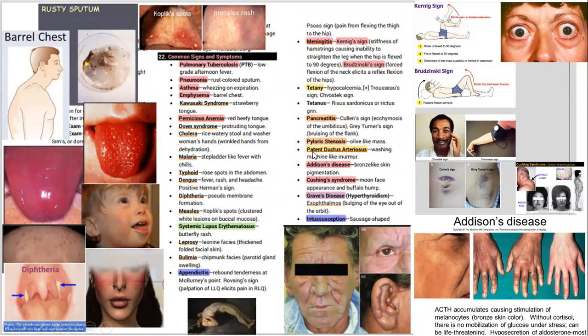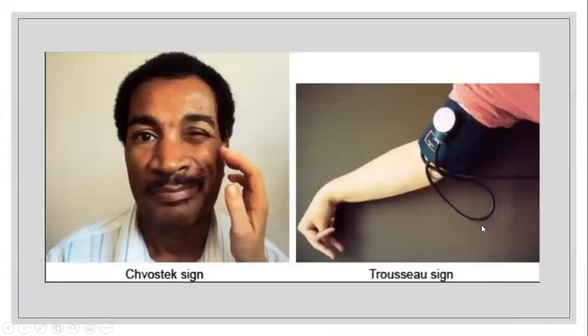Now, next one, patent ductus arteriosus. This is a congenital defect of the newborn, and we can hear a machine-like murmur, an abnormal sound. Addison disease, we can see bronze-like skin or pigmentation like this picture.